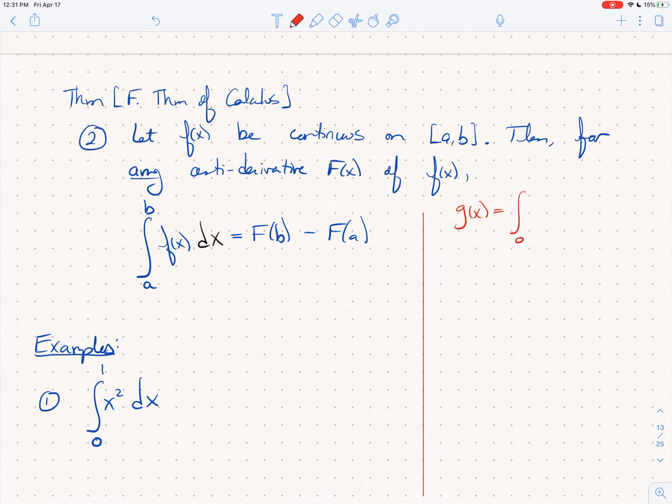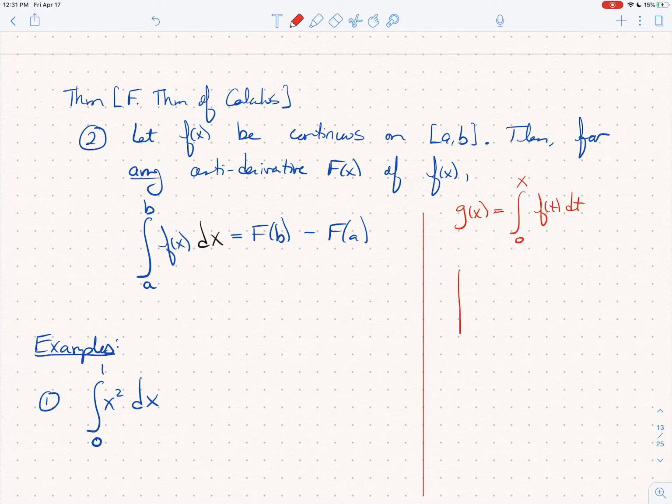Well, recall our function g of x, which goes from 0 to x of f of t dt. G is an antiderivative of little f, and any antiderivative of little f is actually going to be just g up to a constant.